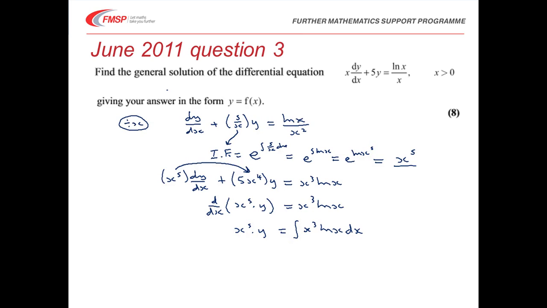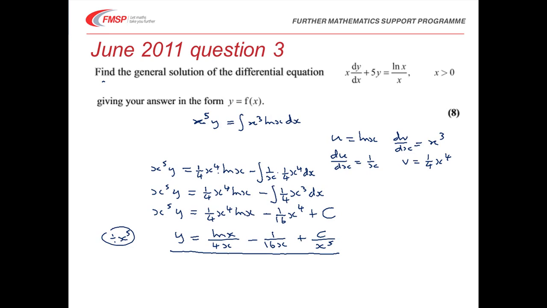The mark scheme for this question offers a method mark for looking for the integrating factor, an accuracy mark for the correct integrating factor, a method mark for correctly simplifying the differential equation.